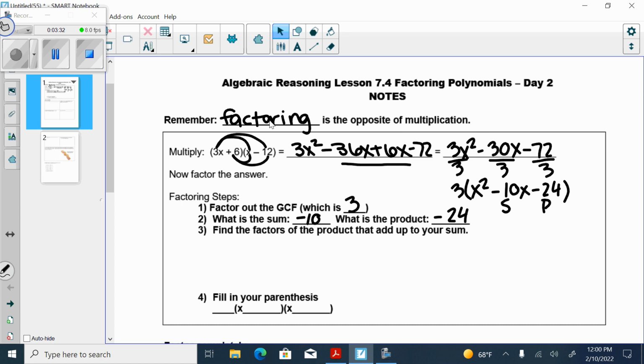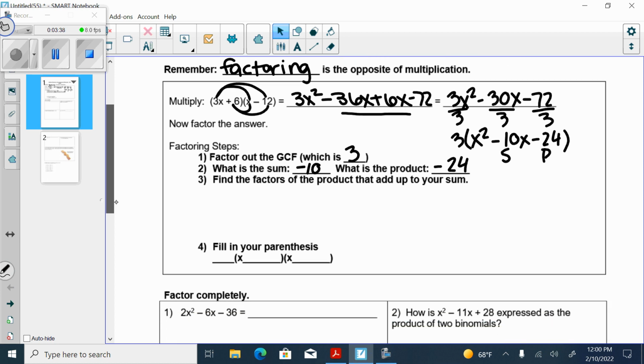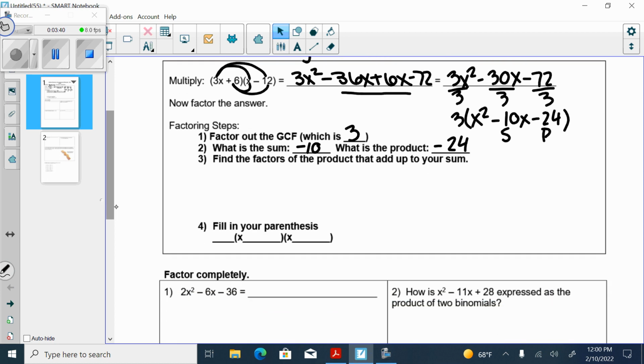Okay. Then it says for us to determine what our factors are going to be, or what we're going to put in the parenthesis, it has to multiply to give us the product, which for us is negative 24. And then for us to decide which numbers to use, they have to also add to give us our sum, which is negative 10. Okay?